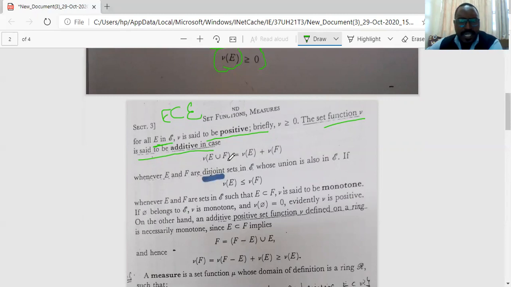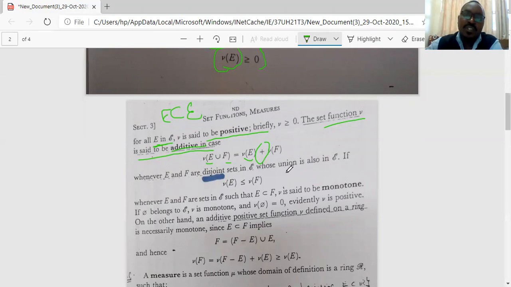So the union here is defined in terms of addition. The value of V on the union of E and F is defined as V of E plus V of F. When you change the union to the plus, then we say V is additive whenever E and F are disjoint sets in E. When do we say two sets are disjoint?